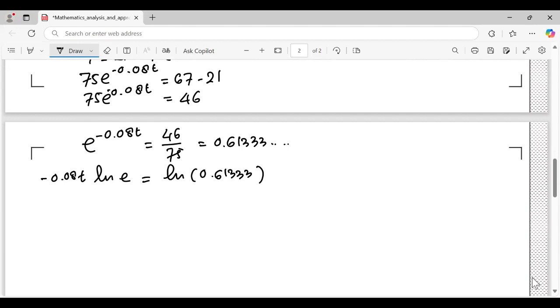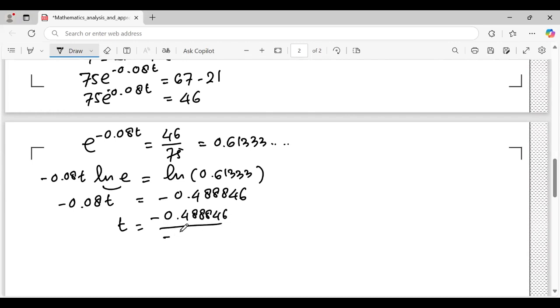Let's continue. ln e equals 1, so it becomes minus 0.08t equals ln 0.61333, which is minus 0.48846. t equals minus 0.48846 divided by minus 0.08. And the result is 6.11058.